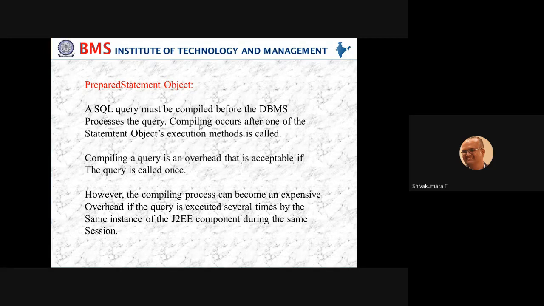A query must be compiled before the DBMS processes the query. Compiling occurs after one of the statement object's execution methods is called. So when you call execute update or execute query, during that time the DBMS compiles the query, and if it succeeds, it will execute.